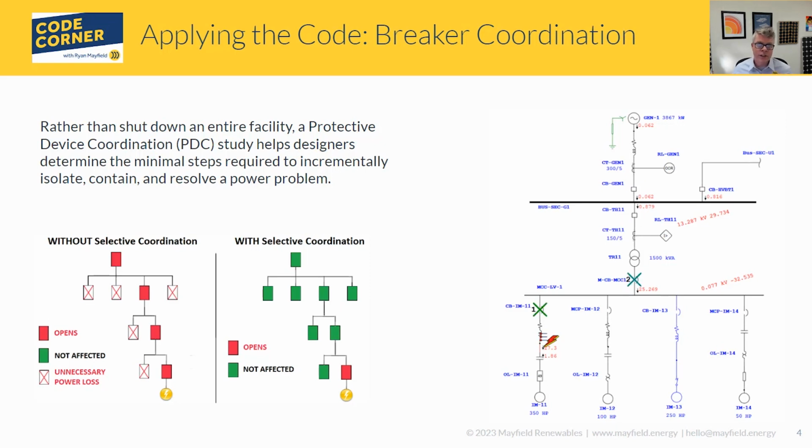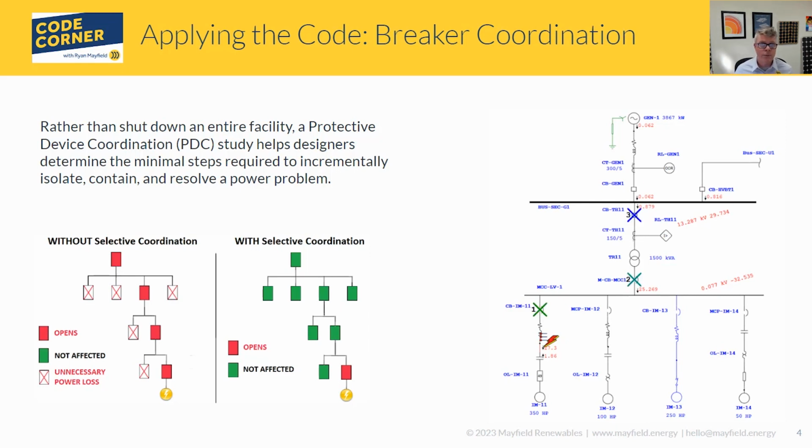So on the left-hand side of the screen here, you'll see this in the enhanced content of code as well, in National Electrical Code. But what you see on the very far left-hand side there is you have some sort of fault at the end of the line, if you will. And if you aren't coordinated right, then every disconnect, every overcurrent device upstream of that could potentially blow, and you could have a completely down electrical system.